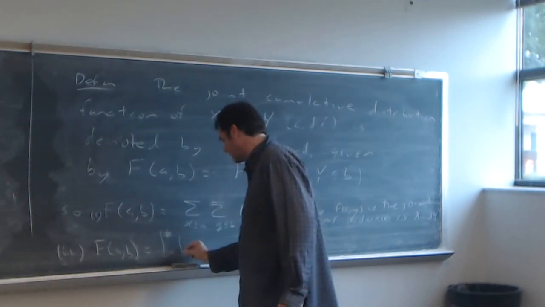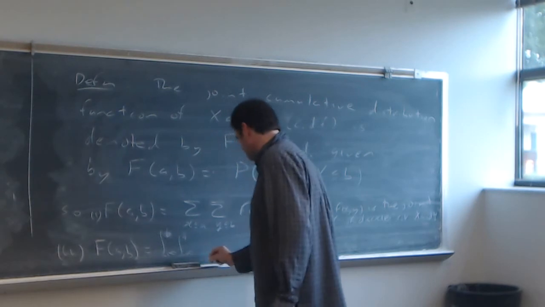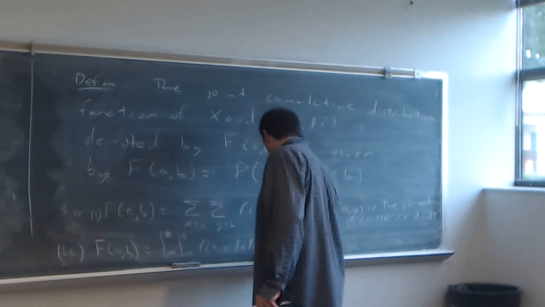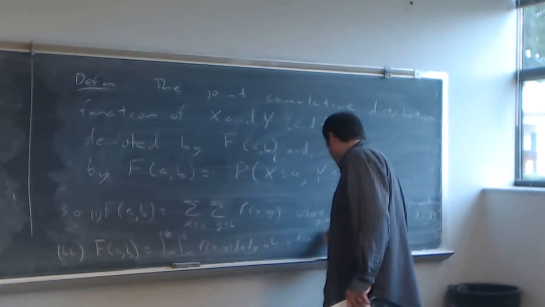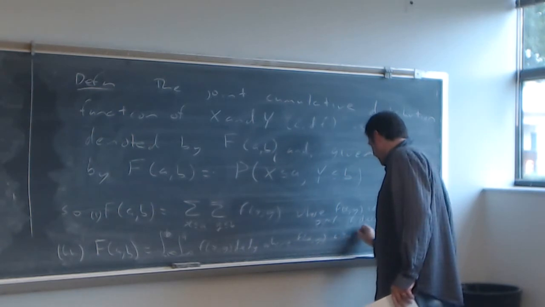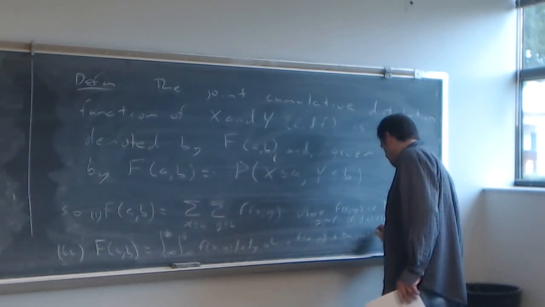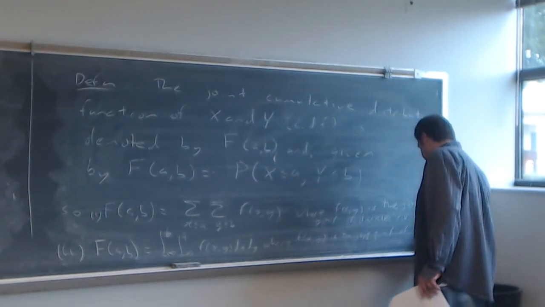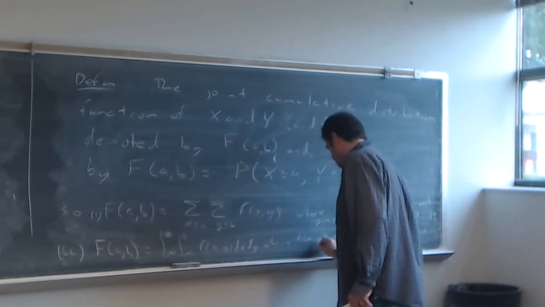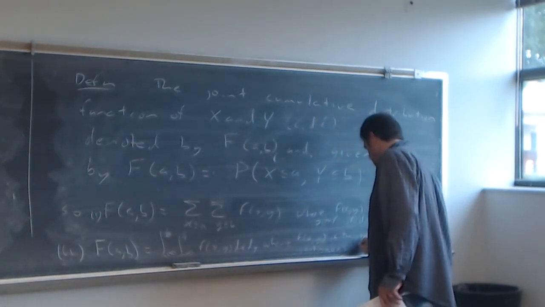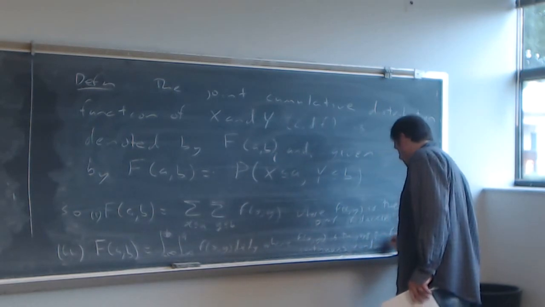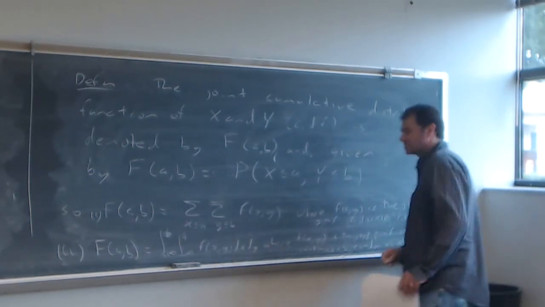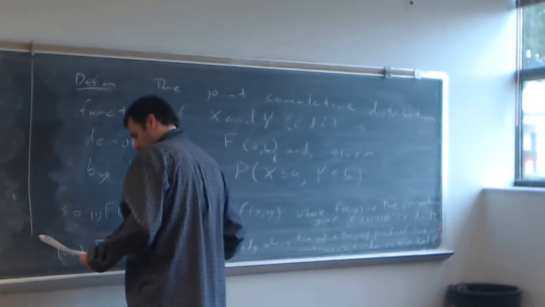Again, f of x comma y is the joint PDF of the continuous random variables x and y. That's what we got.